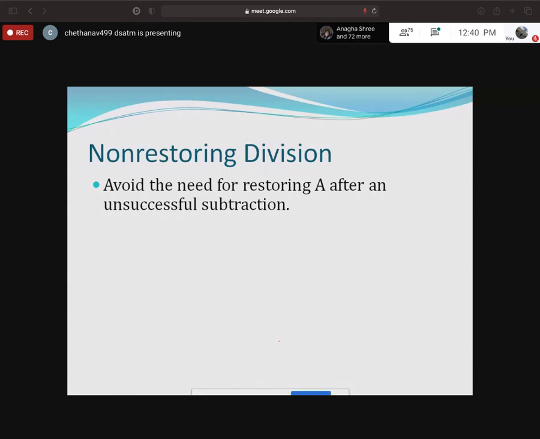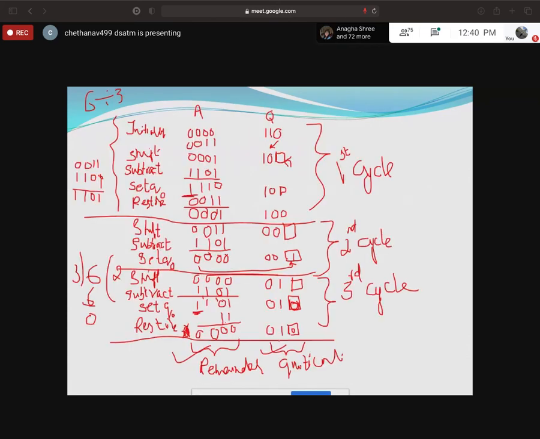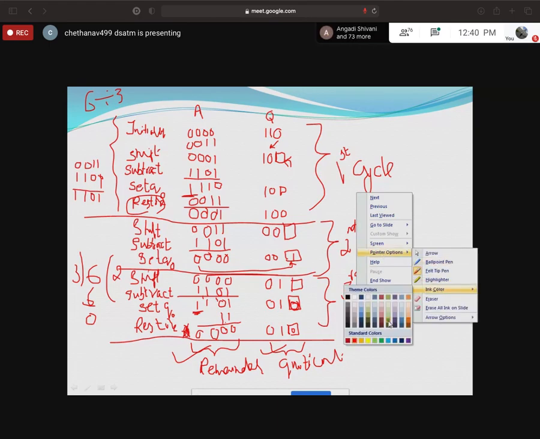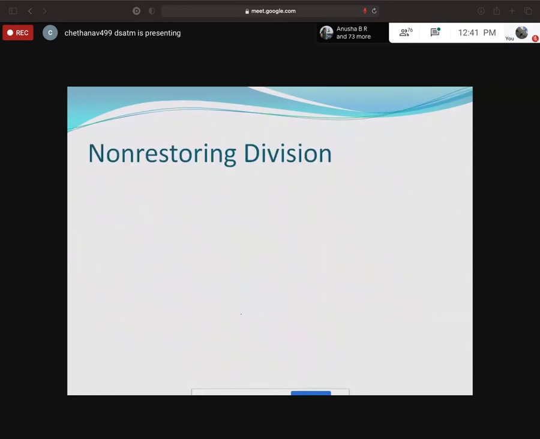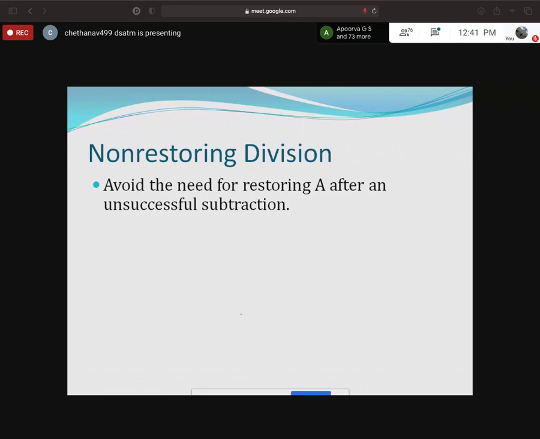Here you are restoring, but this restoring of your divisor, that is, adding the divisor value again and again, is not required. That method is even simpler than this. We have to avoid the restoring after an unsuccessful subtraction. I'll tell you what that unsuccessful subtraction is.